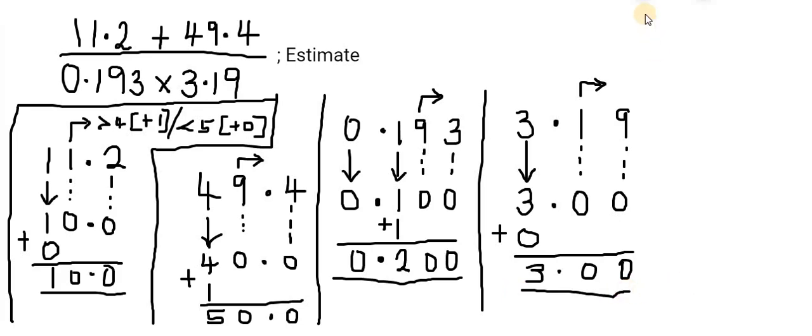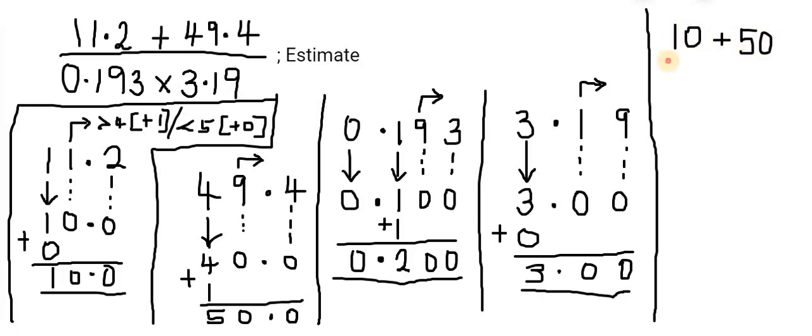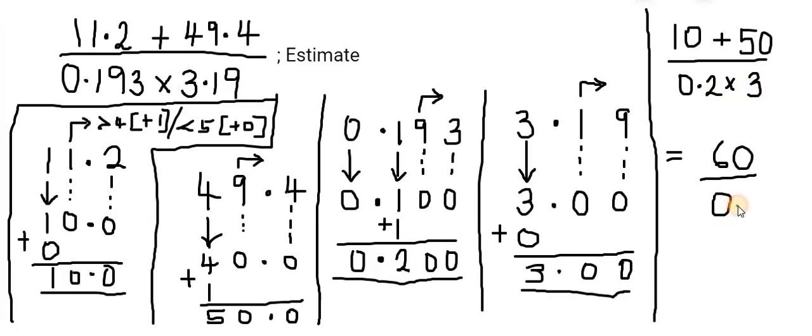Okay, so to estimate, I replace all the numbers from the original question with the rounded numbers, so that's 10 plus 50 divided by 0.2 times 3. Okay, now simplifying the top and the bottom, 10 plus 50, that's 60, and 0.2 times 3, that's 0.6.